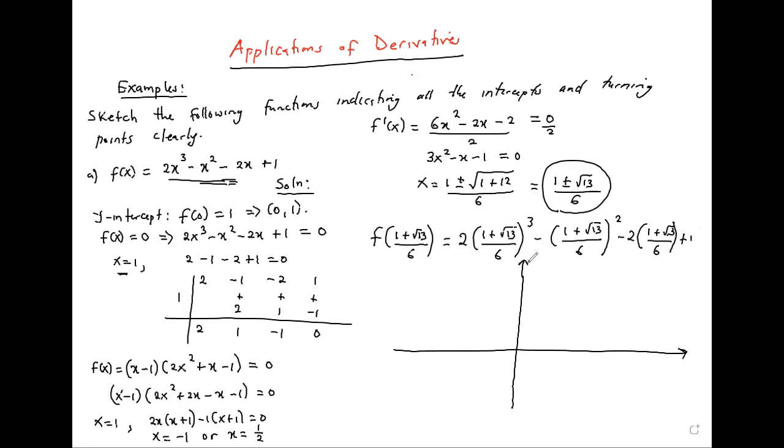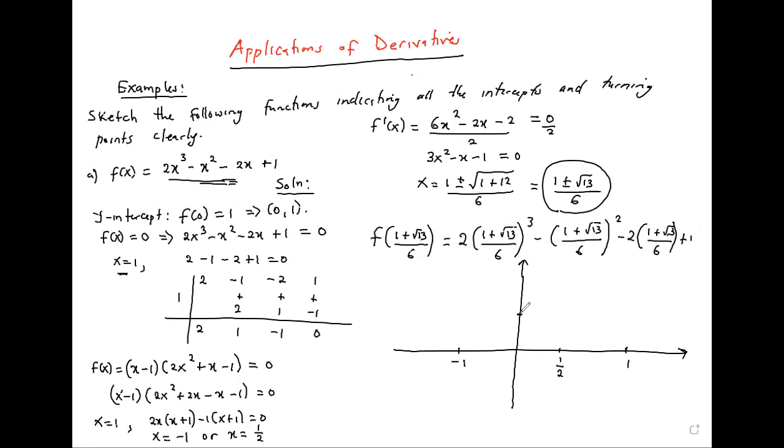So we have the intercepts negative 1, half, and positive 1. And the y-intercept was the first thing to get. Where is it? 0, 1 here.